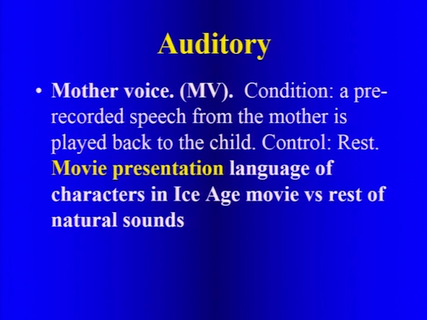Auditory, we have mother's voice recorded, and we turn it on and off with the task and the rest phase. And more recently, we've created a movie. This movie is Ice Age. Children seem to like it. And we have different portions of the movie played during the on and the off task.